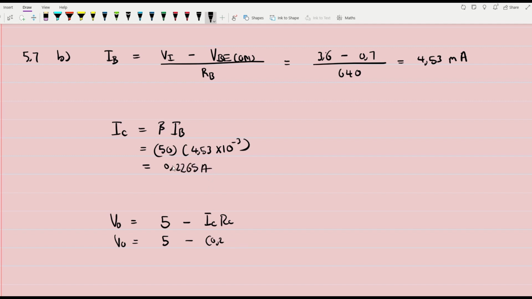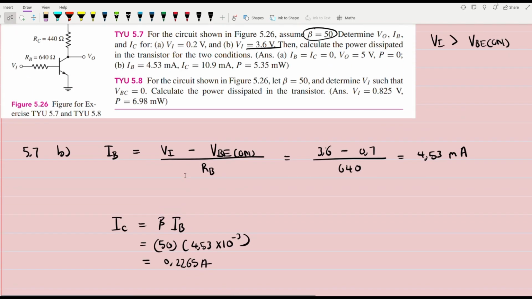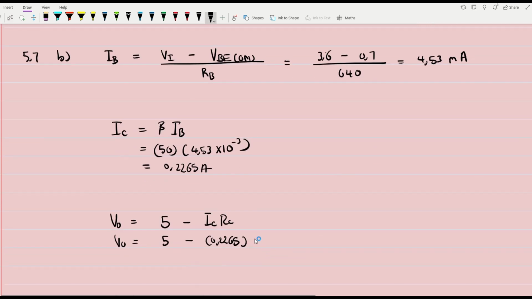I'm just going to use that value, 2.265, multiplied by RC. RC is equal to 440. So we multiply that by 440, and VO is equal to, and this gives us, negative 94.66 volts.